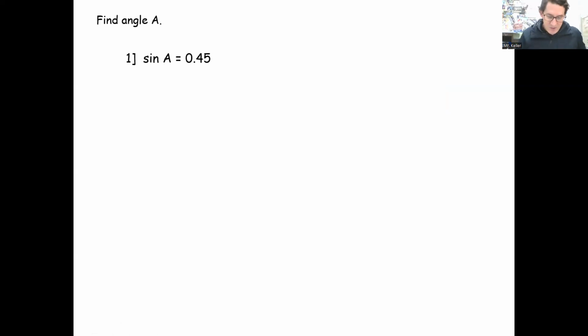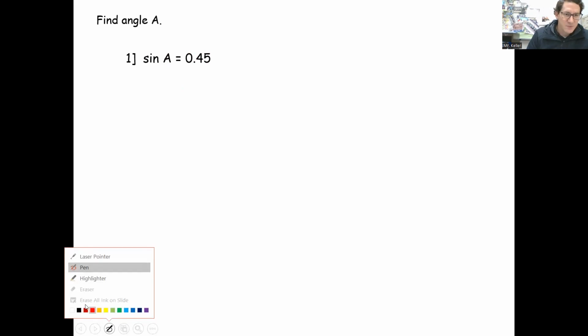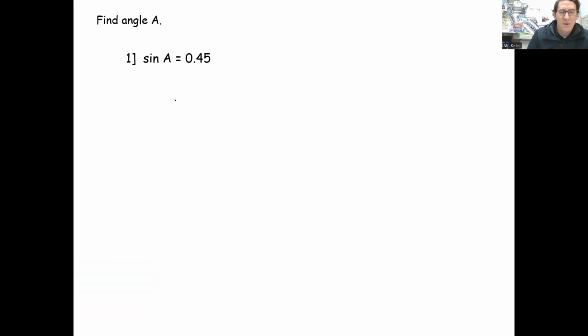First thing we need to do is know how to actually work the calculator for inverse trigonometry. We're going to be setting up equations that look something like this. We won't have a decimal here, there'll be fractions, but we're going to work with decimals right now, and we need to solve for A. So we have sine of A is equal to 0.45.